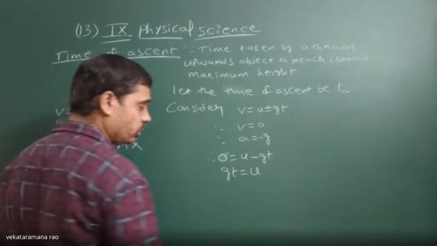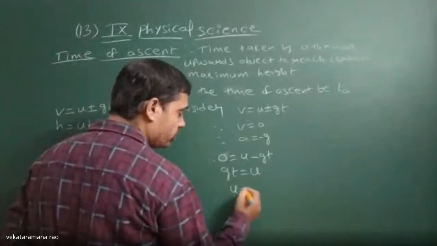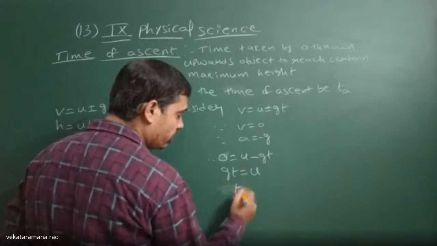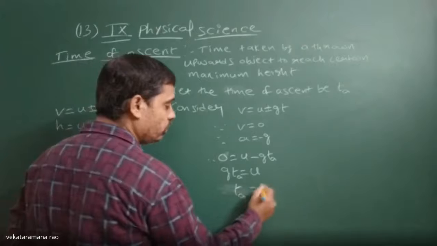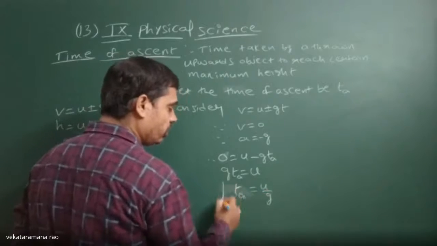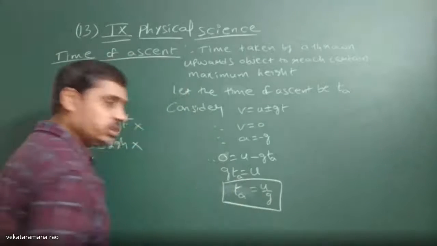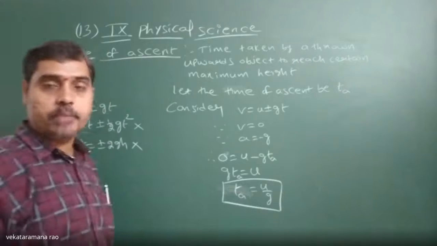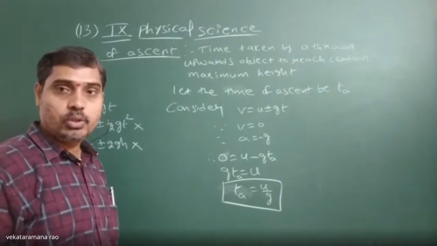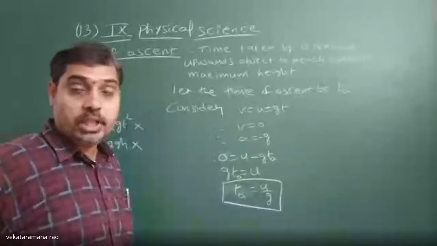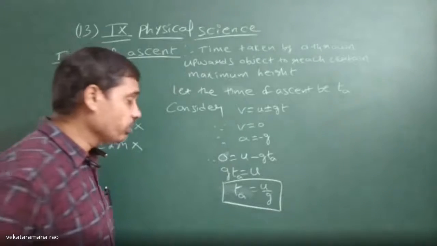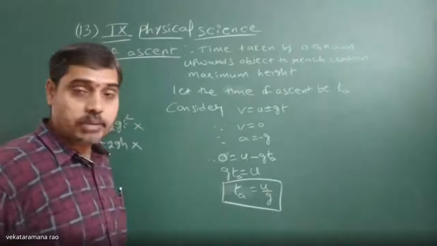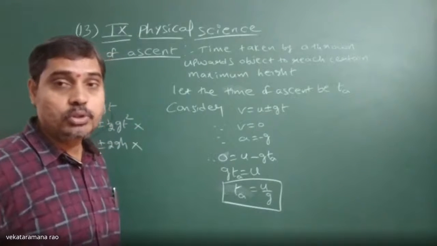Then g shifts to the right side: t is TA, so TA is equals to u by g. That means the time taken by a body to reach a certain maximum height is given by the formula time of ascent TA is equal to u by g.